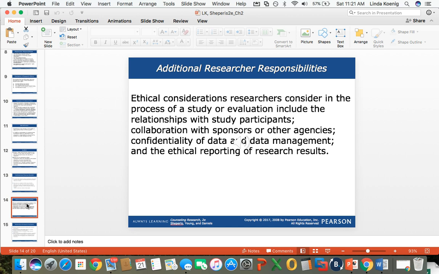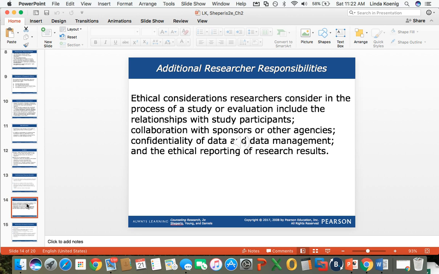Okay, so a few other research responsibilities. We're really obligated to consider the process of a study or evaluation, including the relationships with our study participants. If we're collaborating with sponsors or other agencies, that is a special consideration.